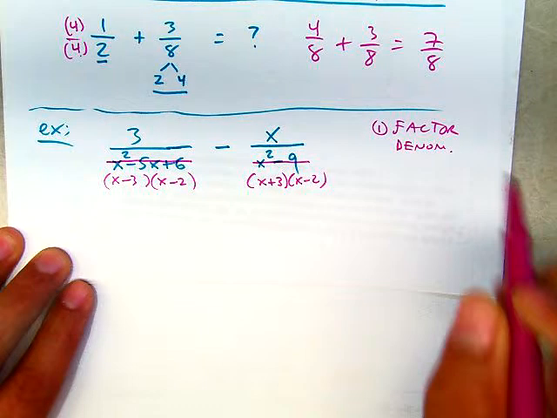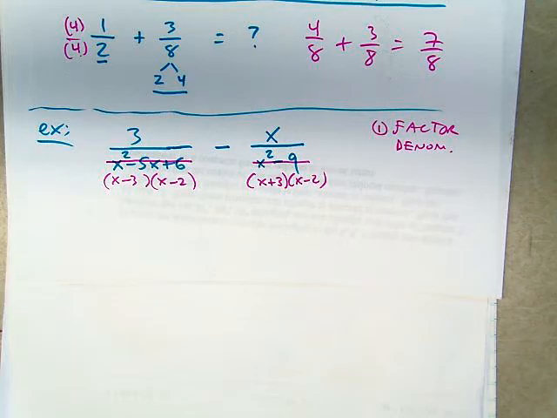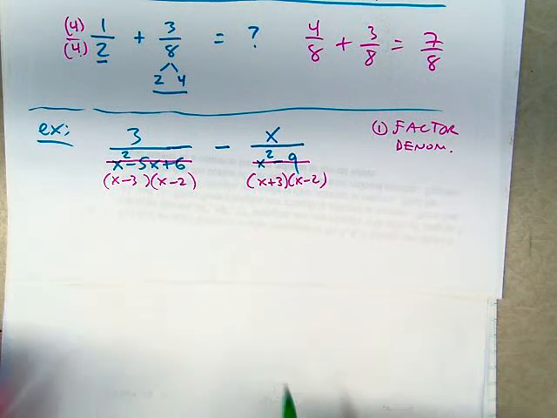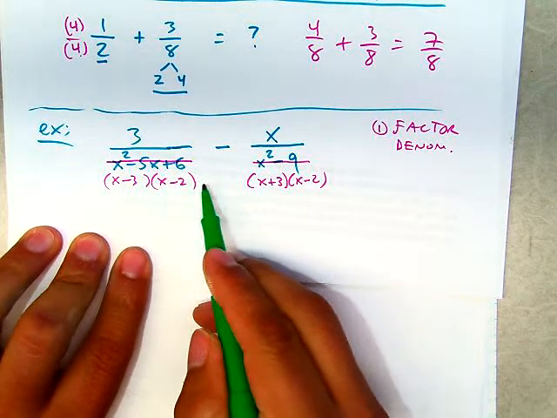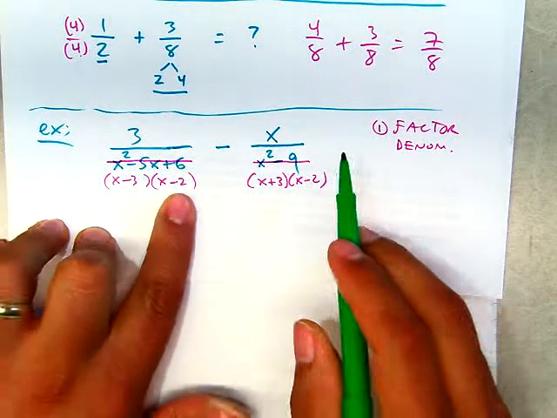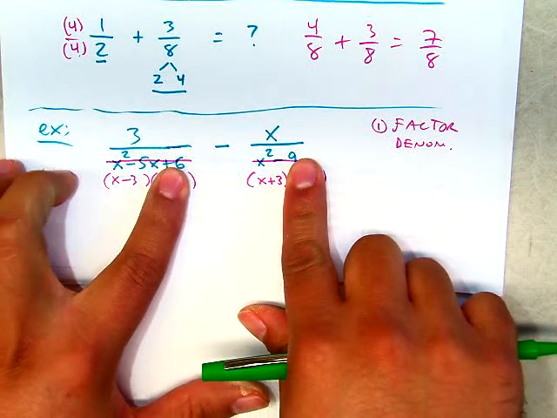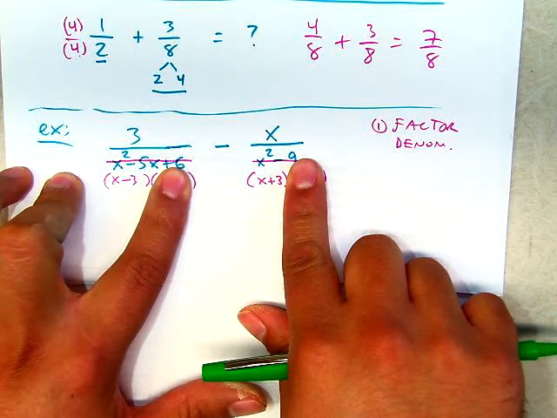All right. So playing the same game, do you see anything already common to both? The x minus 2 is good. We don't need to worry about it, right? But the first fraction is missing what?